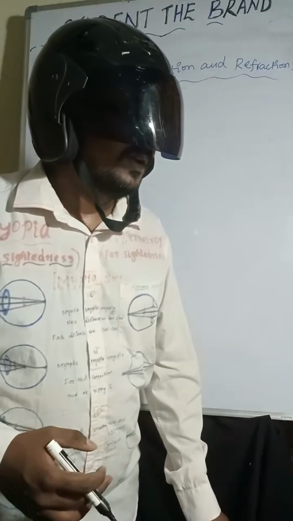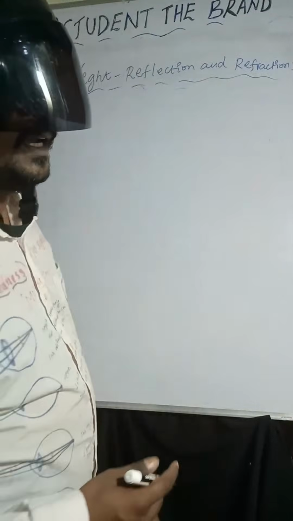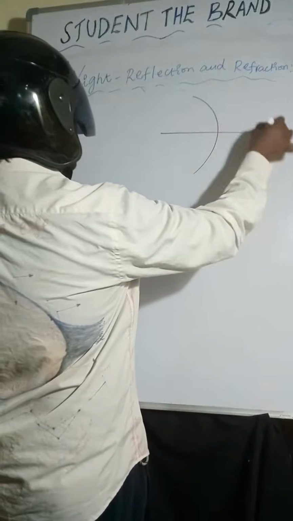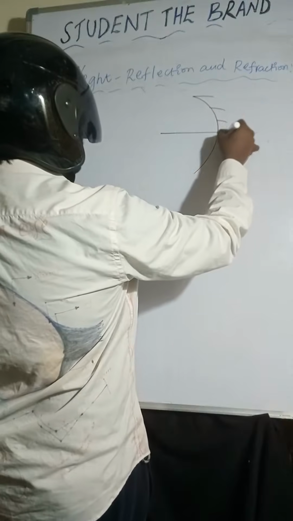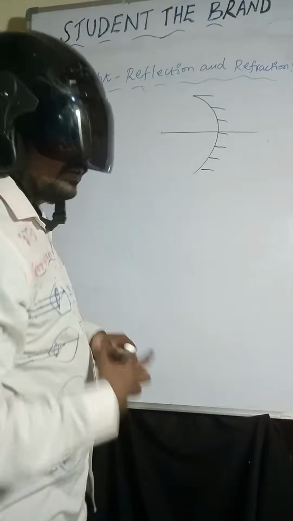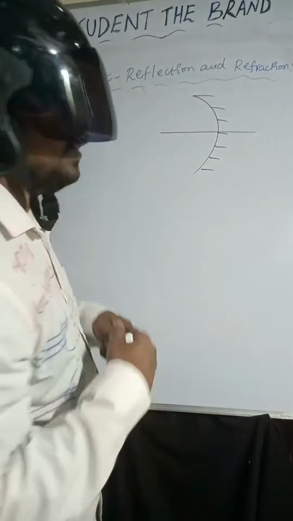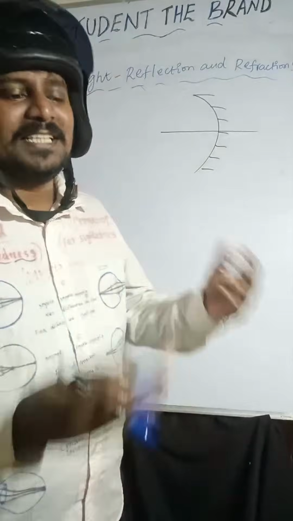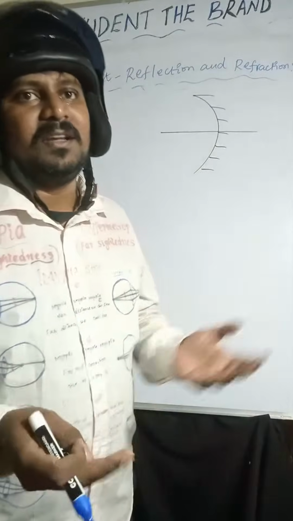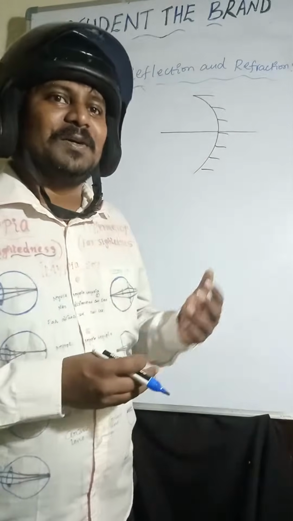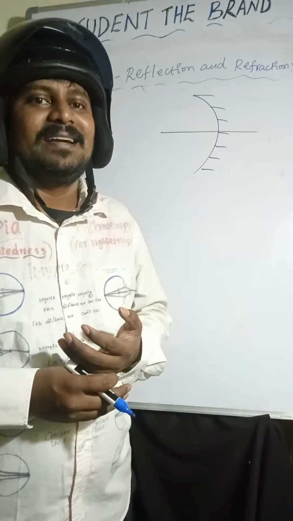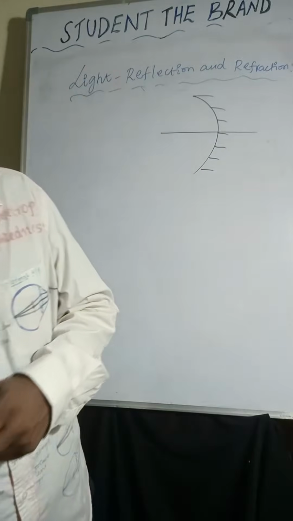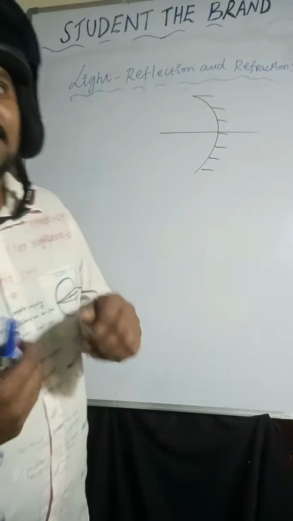This is a concave mirror. Reflection takes place inward is called concave mirror. Reflection takes place outward is called convex mirror. Is it clear to you all? I hope it is very clear.